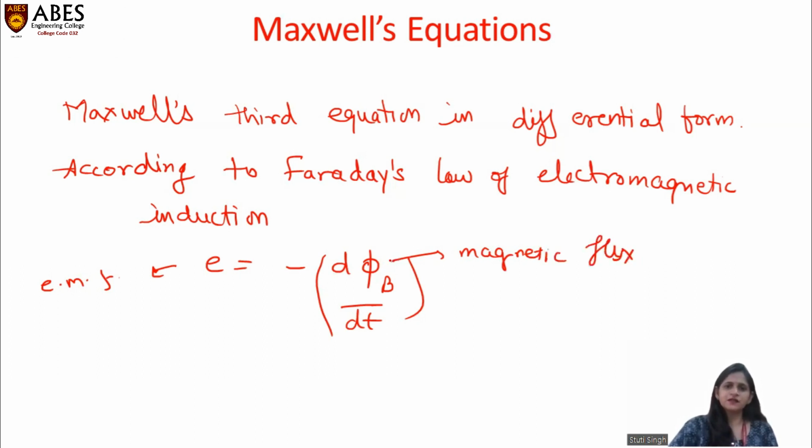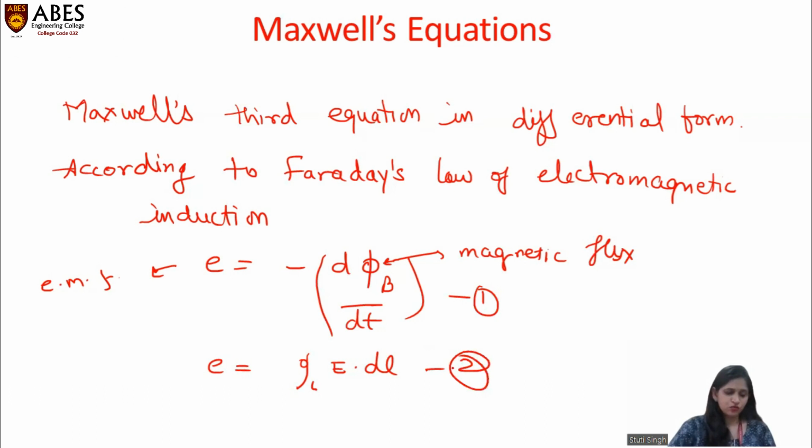Now e can be written in terms of electric field as e is equal to line integral E dot dl. This is equation 2. And phi B can be written in terms of magnetic field as surface integral B dot dS. This is equation 3. So I think we can substitute the values from equations 2 and 3 in equation 1.